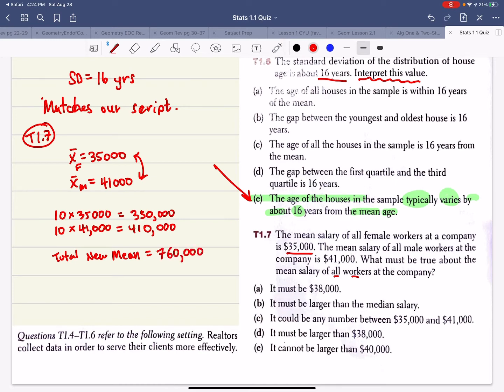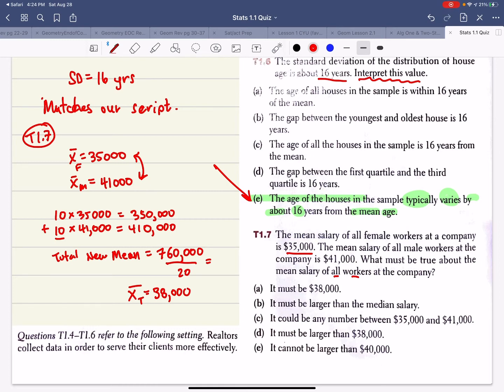And so now in this scenario, to find the total new mean, right, we'd add up everyone's salary, which would be the sum of all of them. 760, right? And it looks like I'd add up the number of people I'm talking about, which I just kind of made up a number. And you don't have to make up a number here, but when you make up numbers, you can kind of see, oh yeah, that would definitely not just happen sometimes, but all the time. So in this scenario, when we made equal amounts of men and women, we noticed that no matter what, it's going to be greater than 35,000.